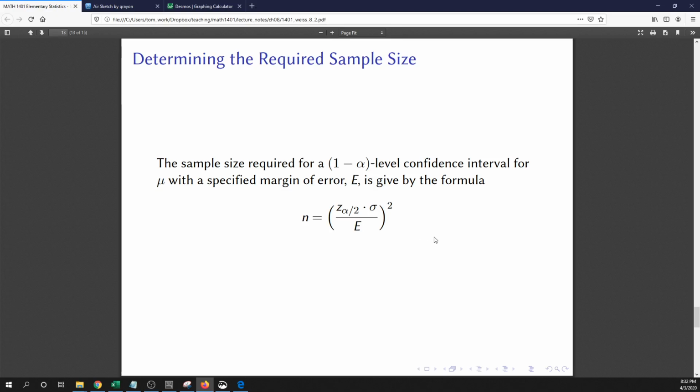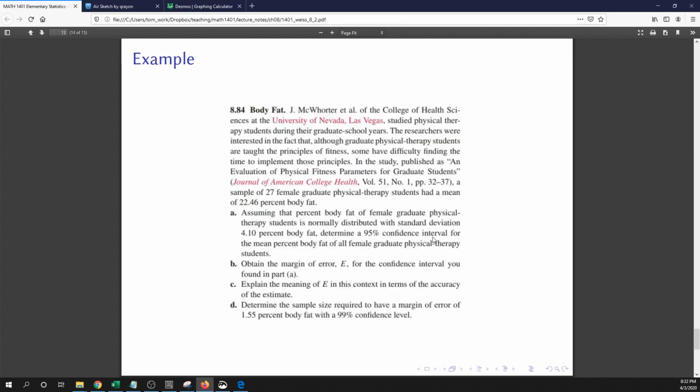Let's take a look at example 8.84. J. McWhorter et al. of the College of Health Sciences at the University of Nevada, Las Vegas studied physical therapy students during their graduate school years. The researchers were interested in the fact that although graduate physical therapy students are taught the principles of fitness, some have difficulty finding the time to implement those principles.